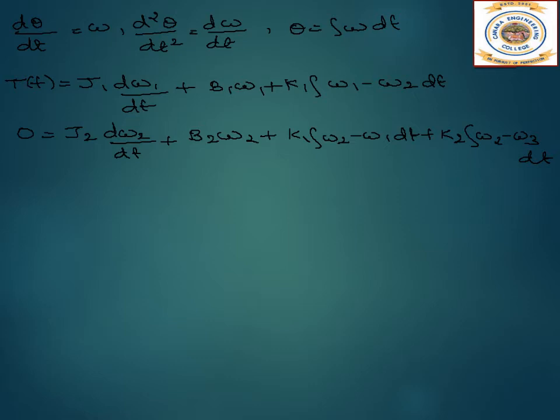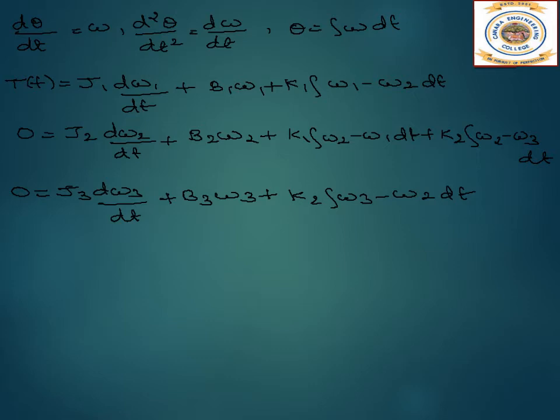That is equation 2. Equation 3. 0 equal to J3 d omega 3 by dt plus B3 omega 3 plus K2 integral omega 3 minus omega 2 dt. So now we are done writing all the three equations.